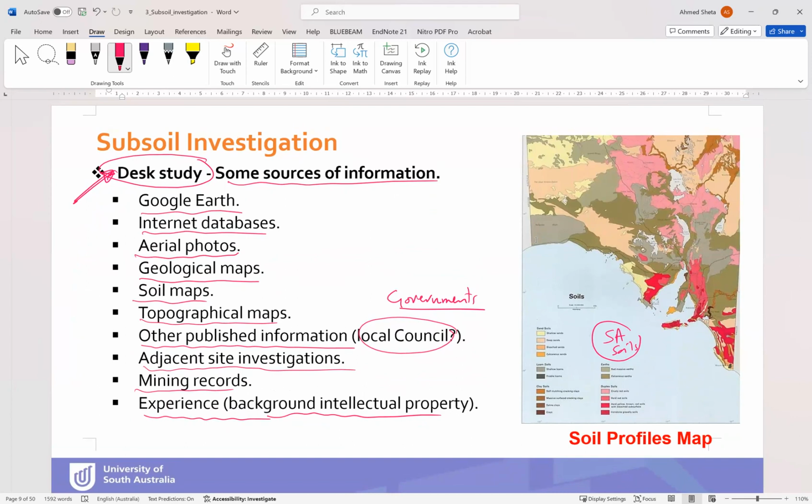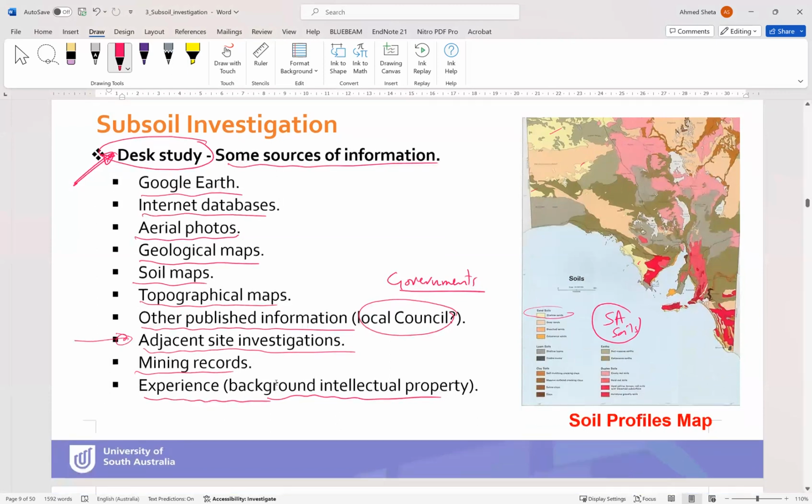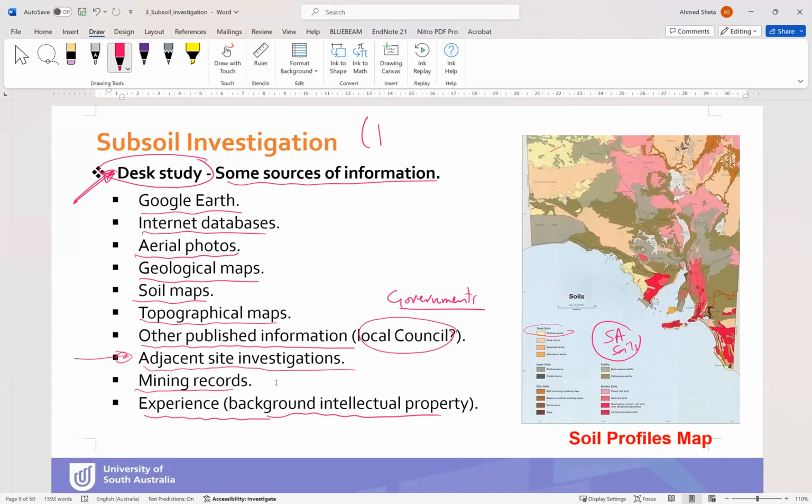The shallow one or the sandy soil, shallow sands, for example, are in these areas. So there are a lot of valuable sources online, or for example from neighbors, that can be used to finalize the desk study. We can call this the preliminary stage before going to the site.